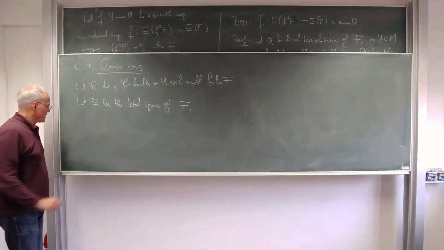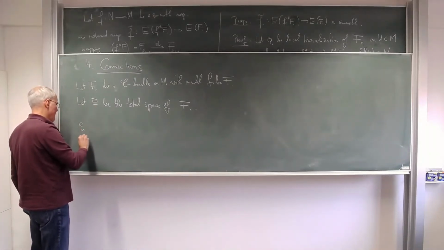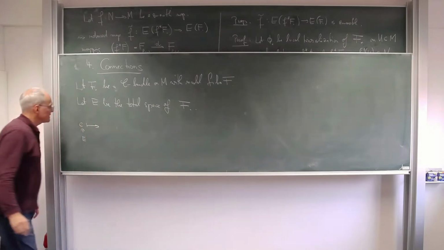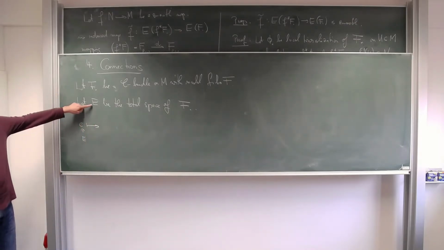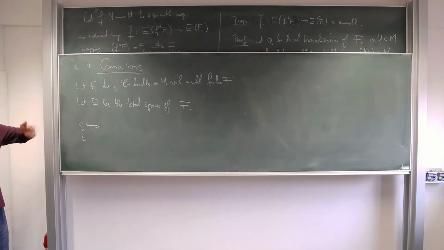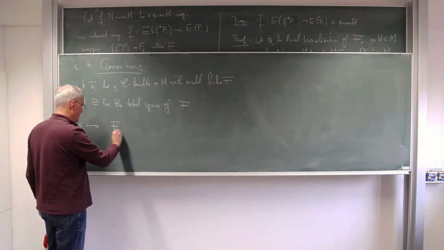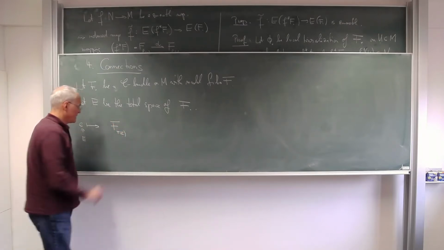And now to each point in E, I'm associating the following thing. Each point of the total space is sitting in precisely one fiber of the bundle, namely the fiber with the foot point p equals pi of e.